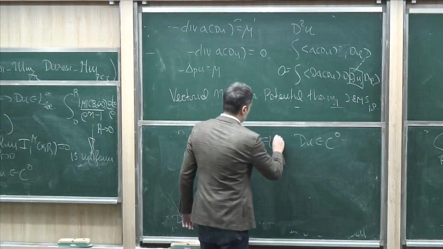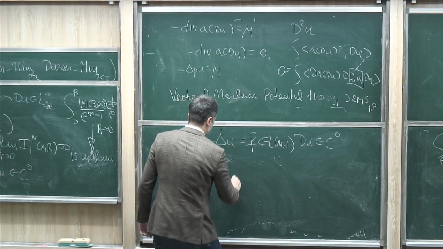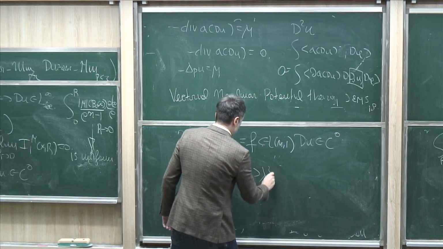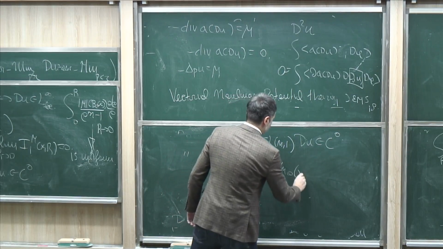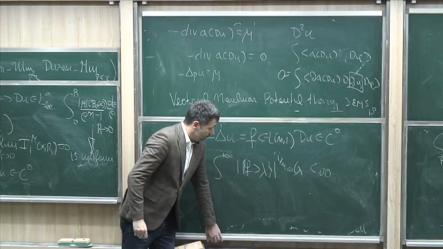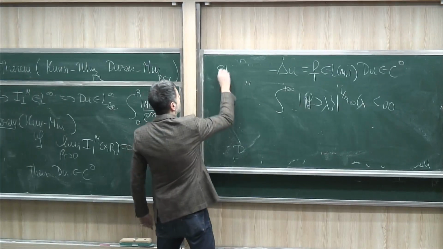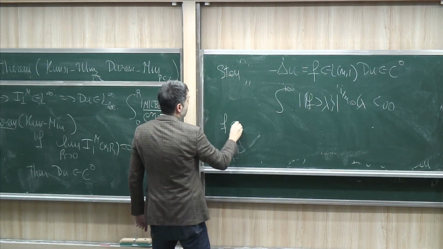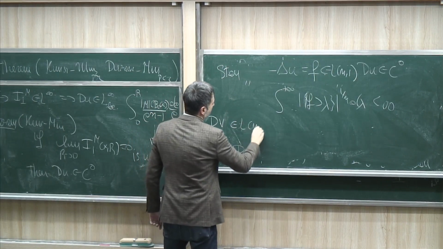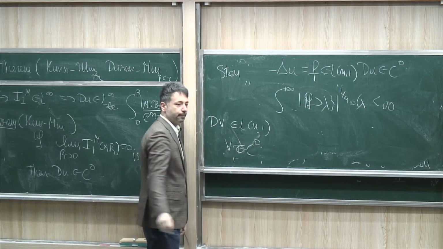This is the so-called Lorentz space L(n,1). And this is obtained by prescribing the decay of the level sets. This is equivalent to this theorem of Stein that tells you that if the gradient of a function belongs to L(n,1), then v belongs to C0.